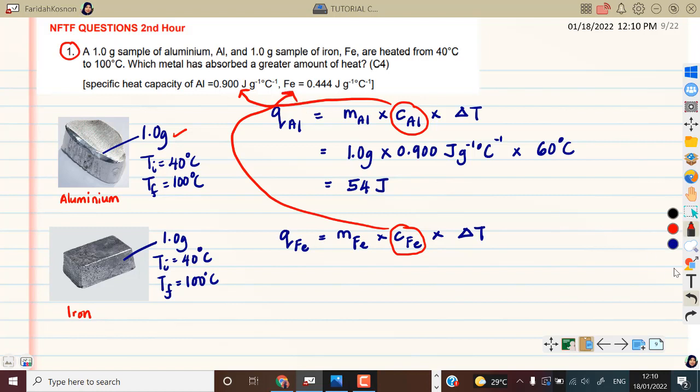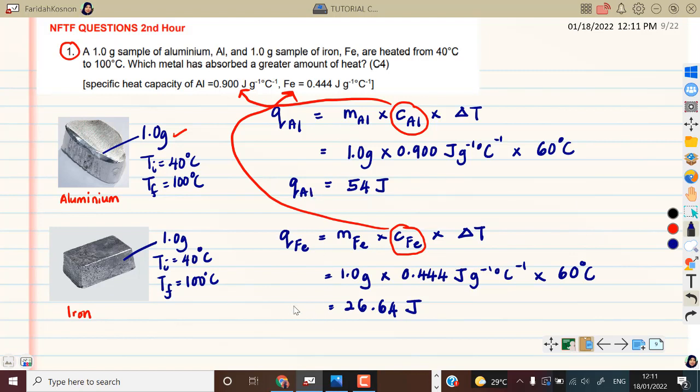Substitute all the values: 1.0 gram, and the specific heat capacity of iron is 0.444 joule per gram per degree Celsius, times 60 degrees Celsius. You will get 26.64 joule.